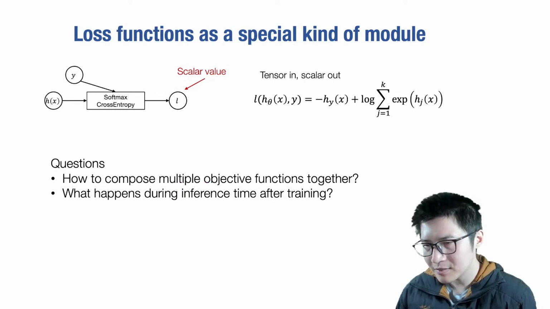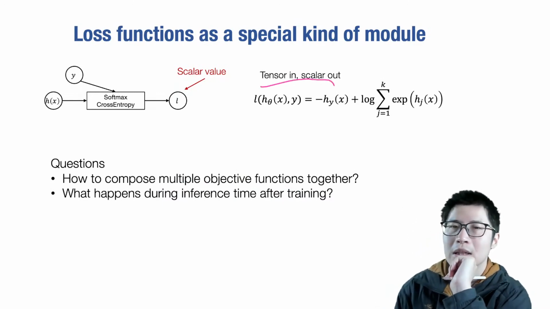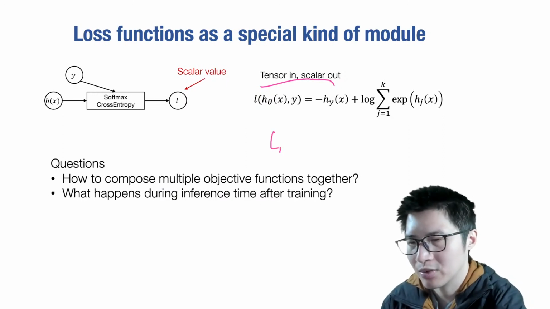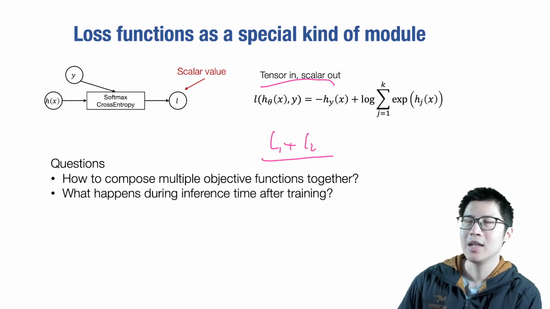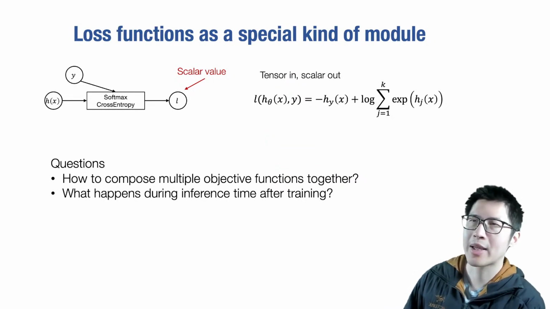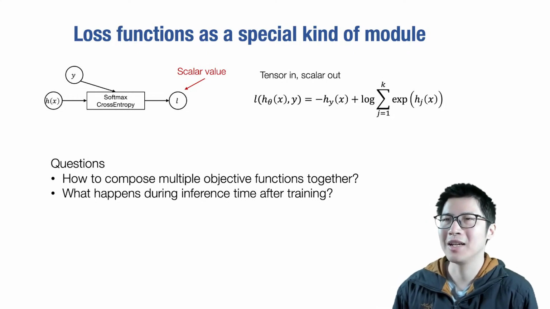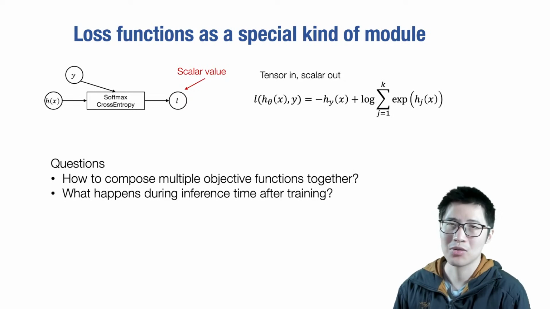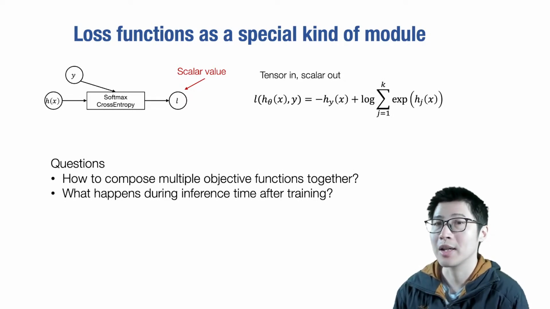And because we follow the tensor in, scalar out principle, we can apply those two modules and just add loss 1 and loss 2 together, maybe in a weighted sum fashion. So we can leverage this modular feature to directly add things together, and then you just call value dot backward to compute the gradient values.